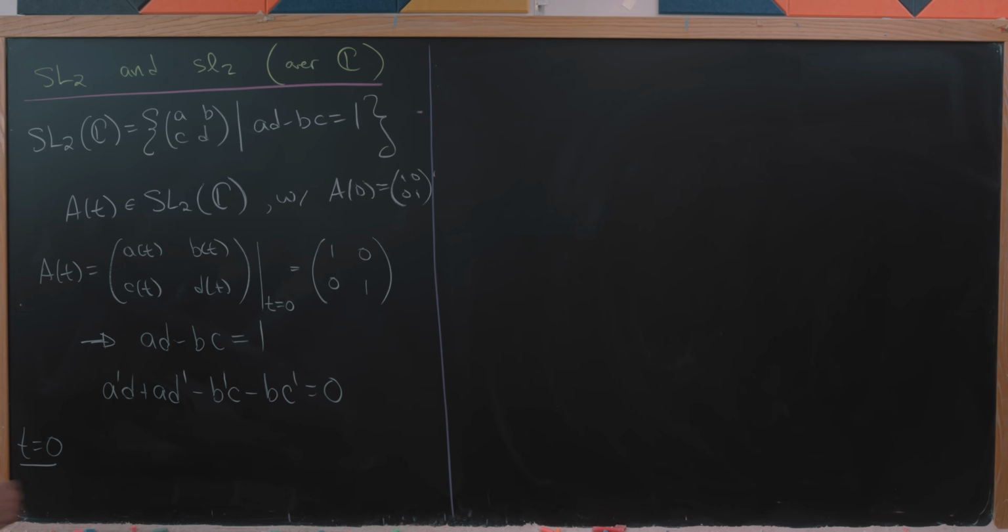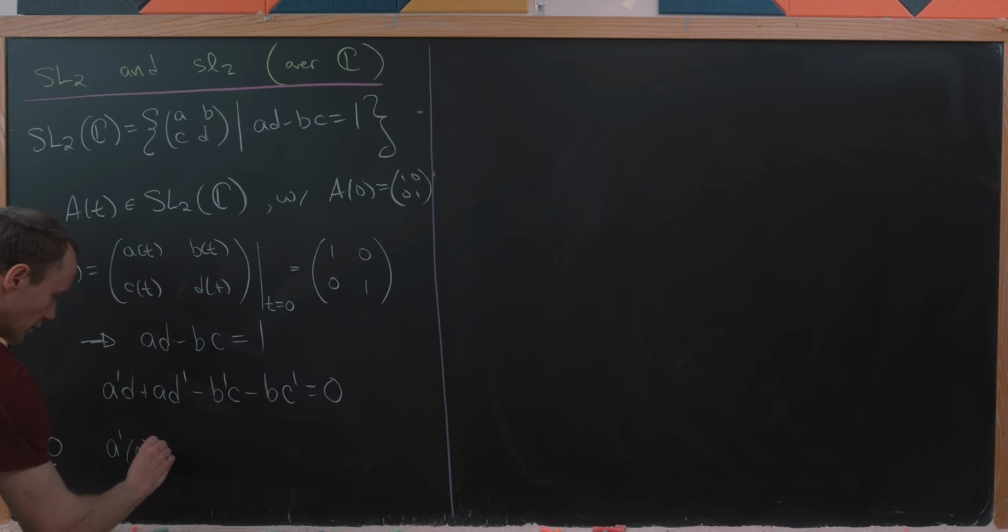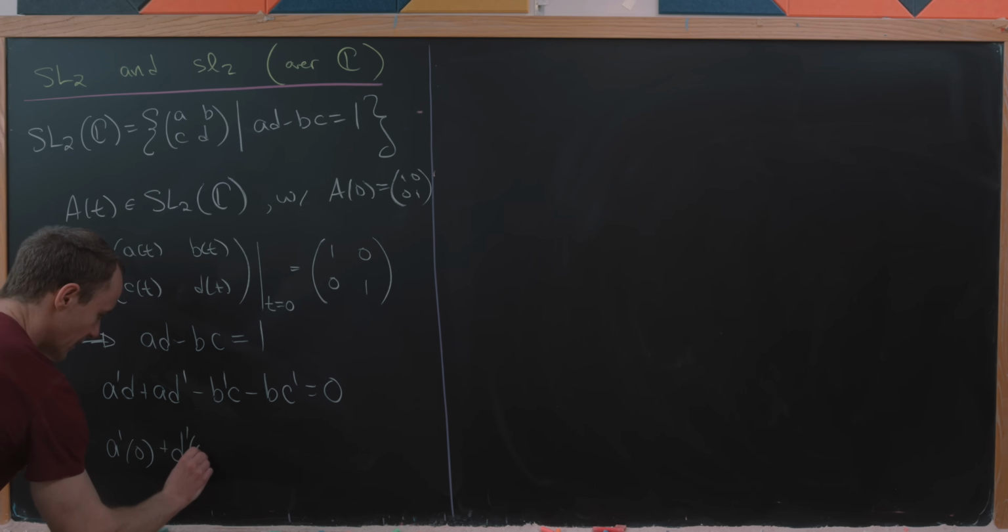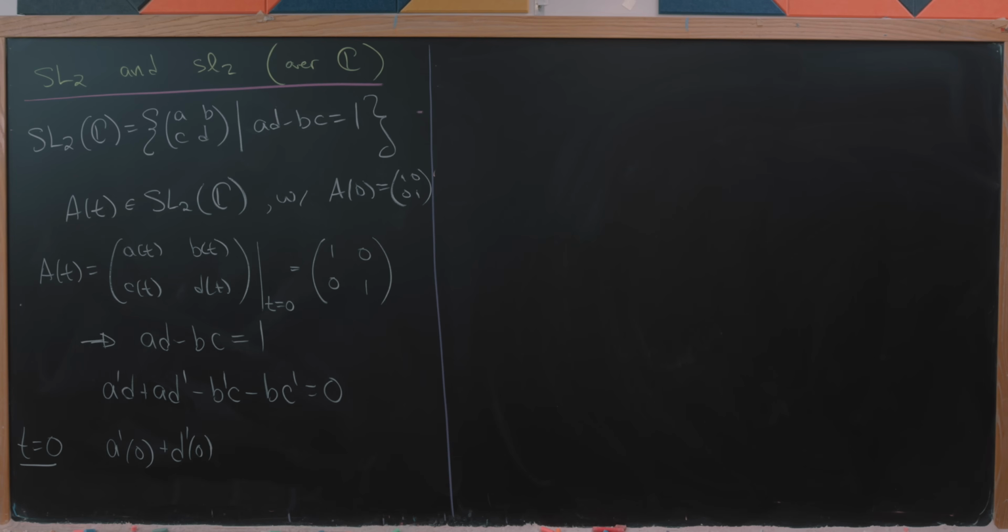So here we're going to get A prime evaluated at 0, because again, D of 0 is 1. And then for this next term, we'll get d prime evaluated at 0. And finally, notice that these two objects right here just zero out. That's because c of 0 is 0 and b of 0 is also 0. So bringing this 0 from the right-hand side of the equation down, we'll see that this is equal to 0.